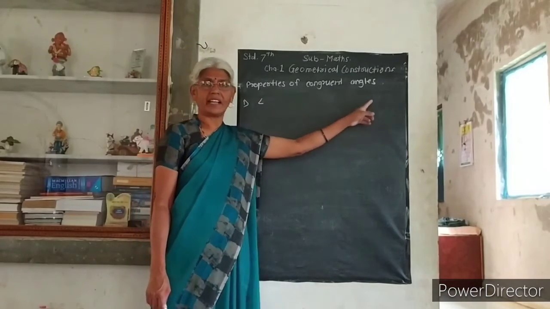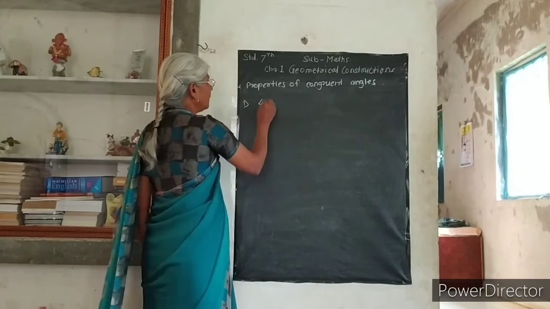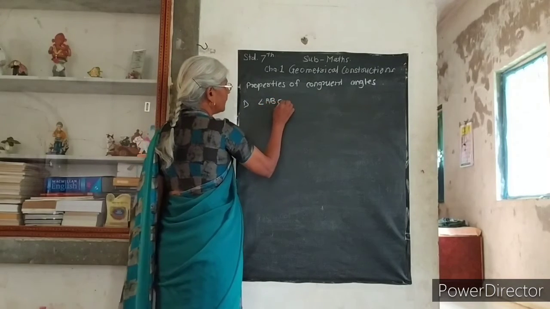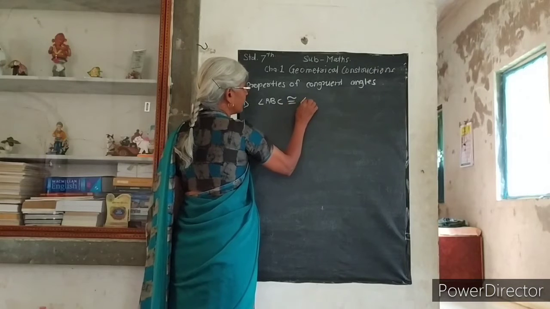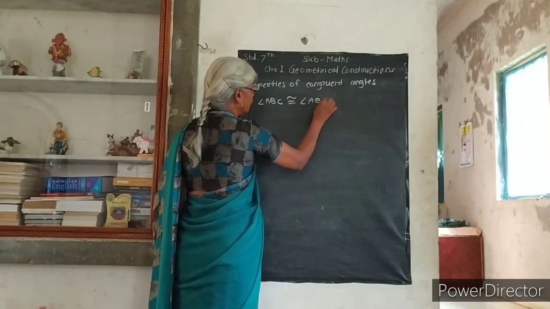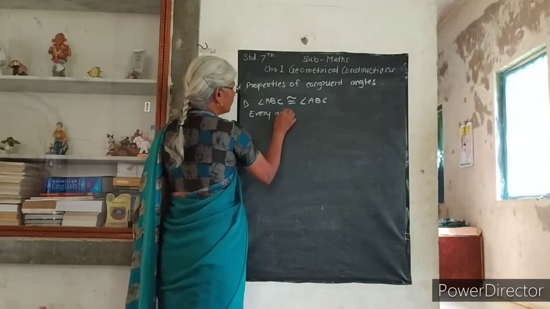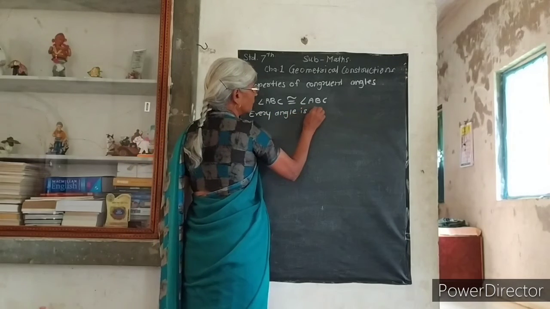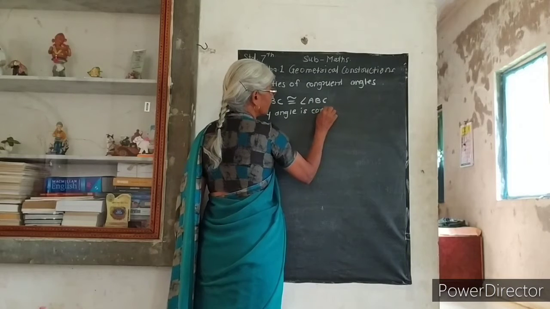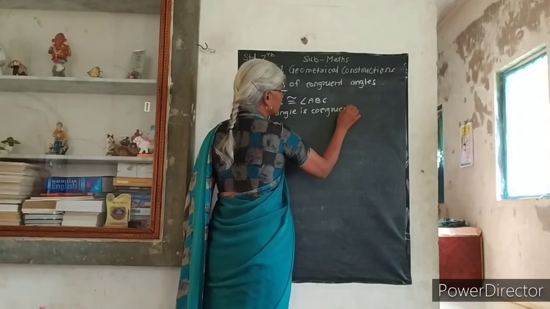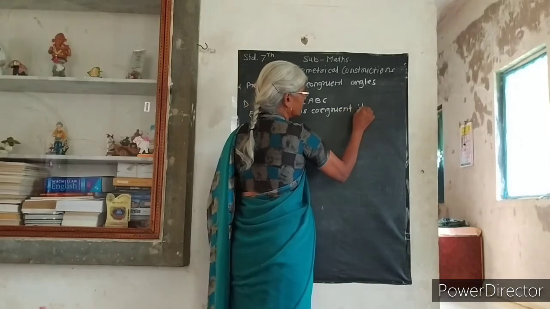Properties of congruent angles. First property: angle ABC is congruent with angle ABC. Means every angle is congruent with itself.